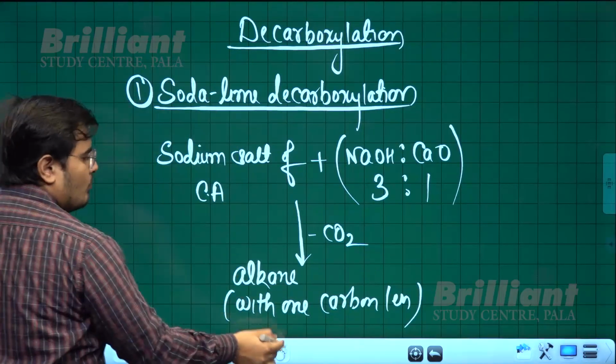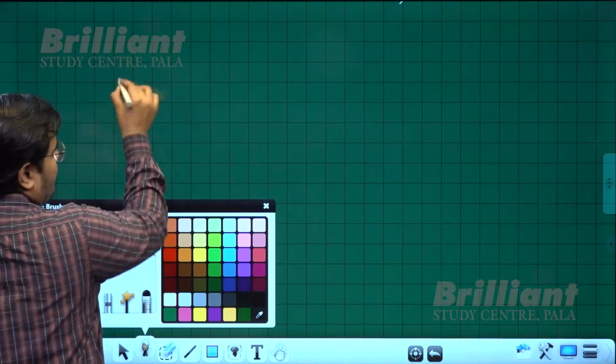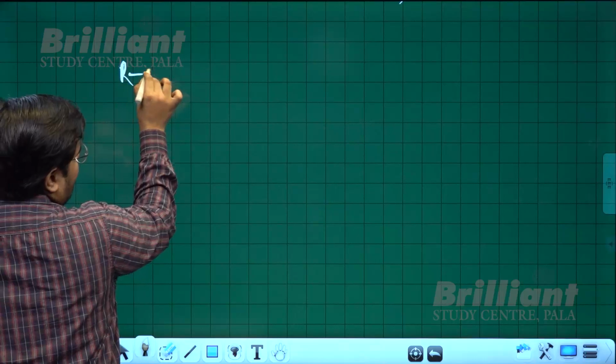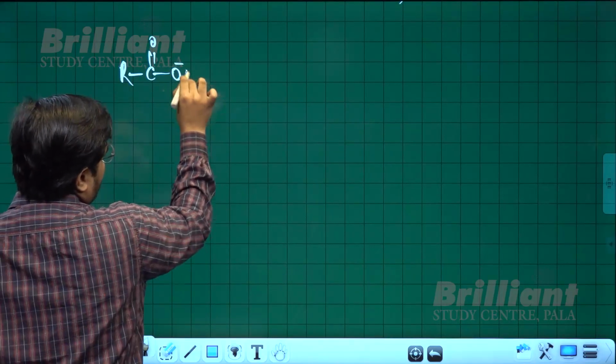So if I say what exactly happens in this reaction from the mechanism point of view, let's say I am having a carboxylate salt, which can be sodium or potassium.